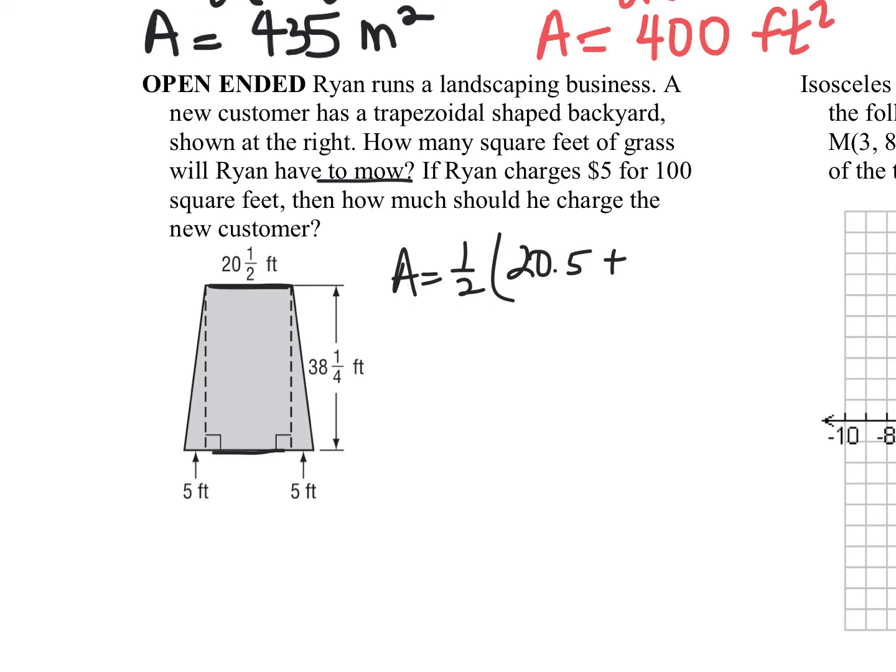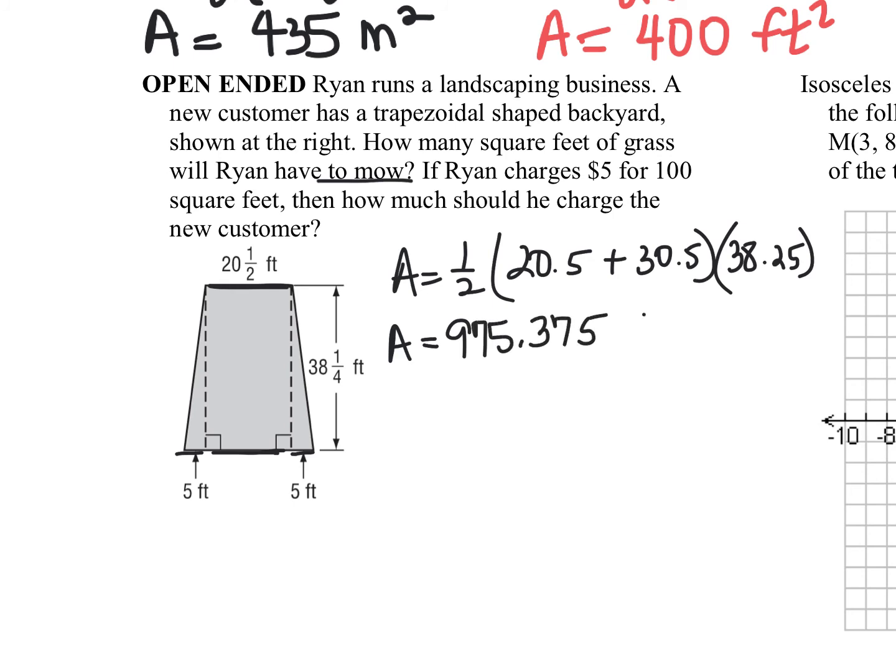And then this is plus 5 and 5 plus 10 more, so that's 30.5 times 38.25, because 1/4 is the same thing as 0.25. All right, so we have that the area is 975.375 feet squared.